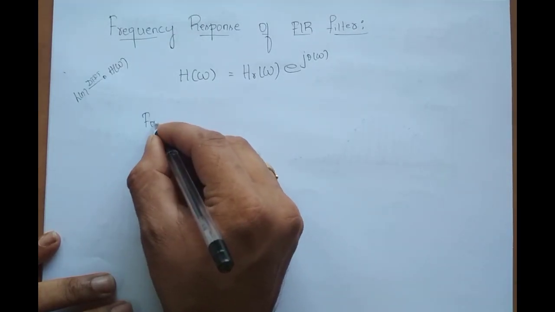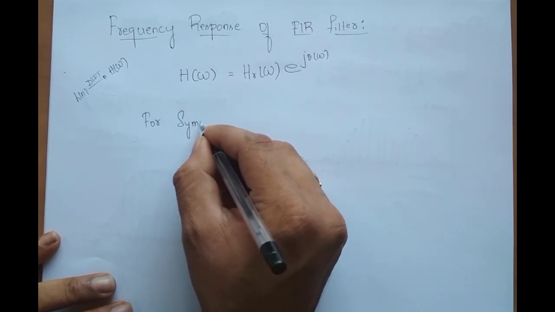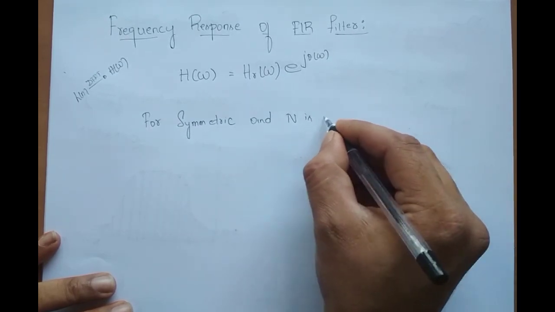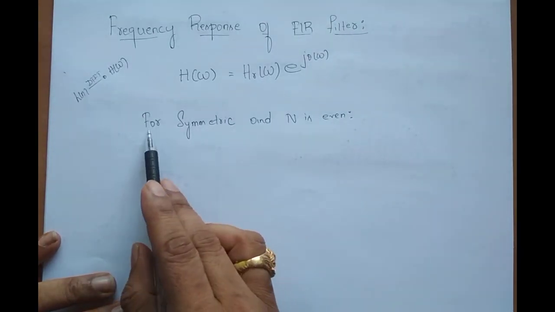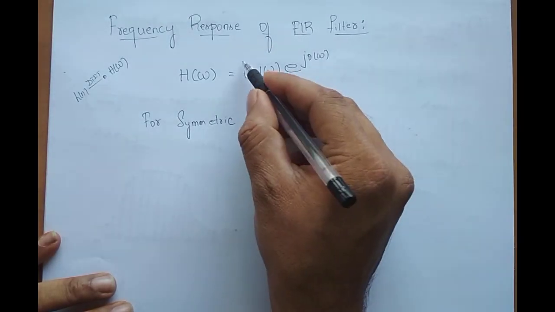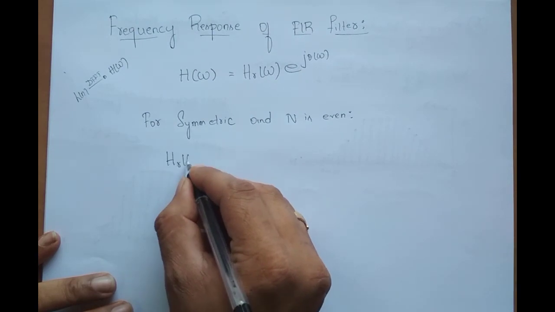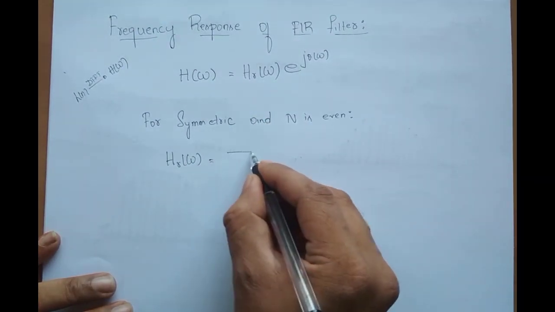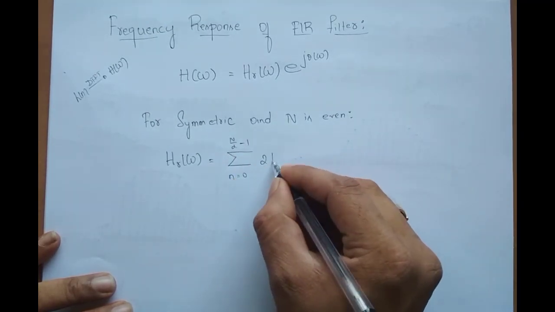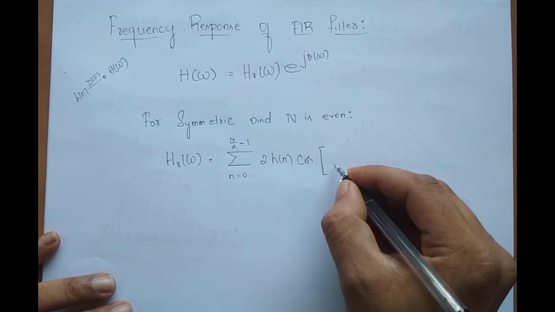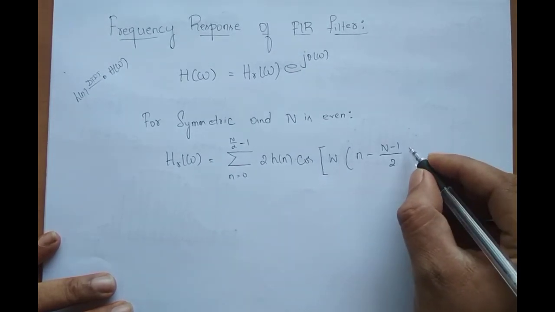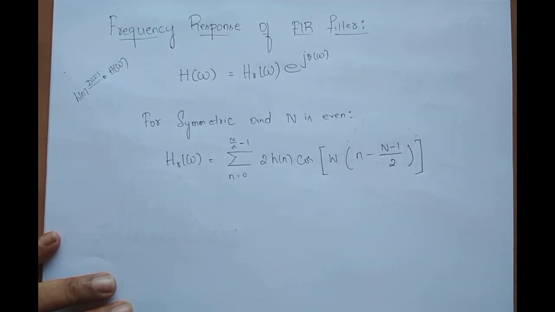So for a symmetric FIR filter, where the impulse response is symmetric, and for N even, H_R of omega is given by the summation n varying from 0 to N/2 minus 1 of 2 times h of n into cos of omega into (N minus 1)/2 minus n.